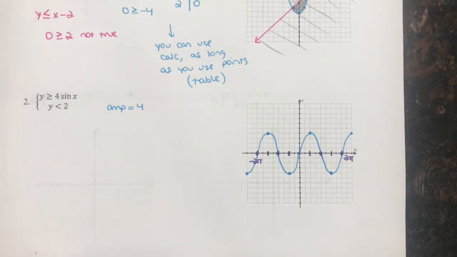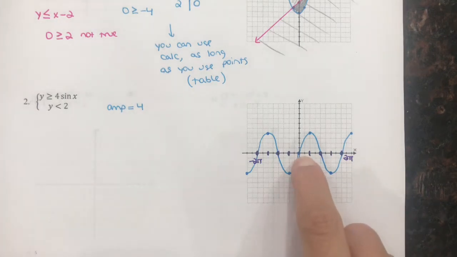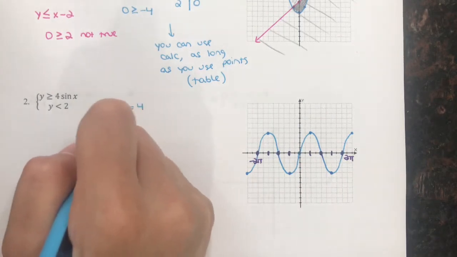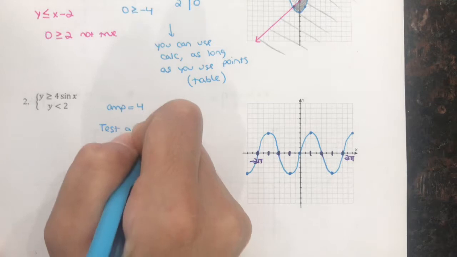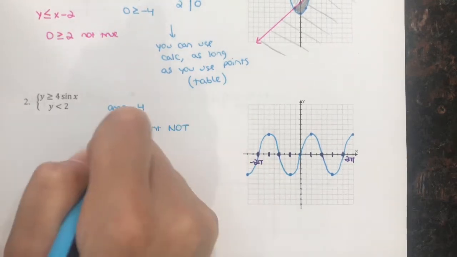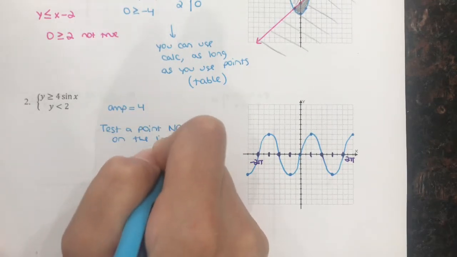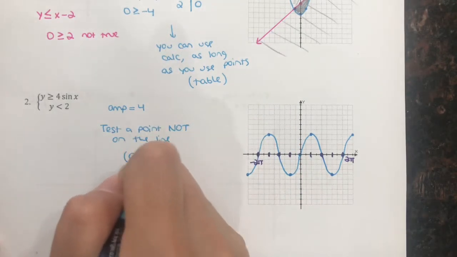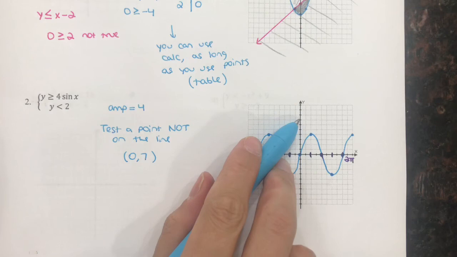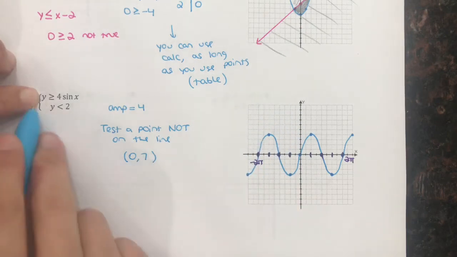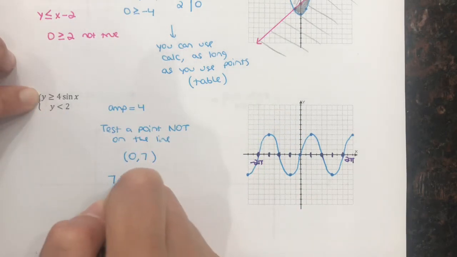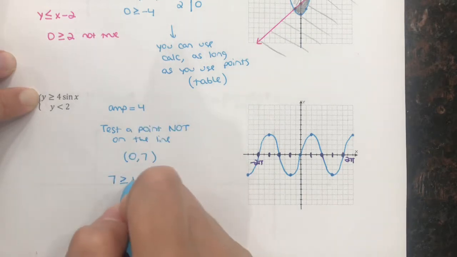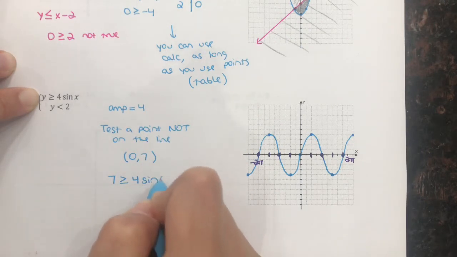Now shading, I cannot test 0, 0 because it's already on the line. I need to test a point not on the line. So let's just test an easy point, something up here. How about 0, 7? Right up top. So if I were to plug 7 in for y, greater than or equal to 4 sine of 0.